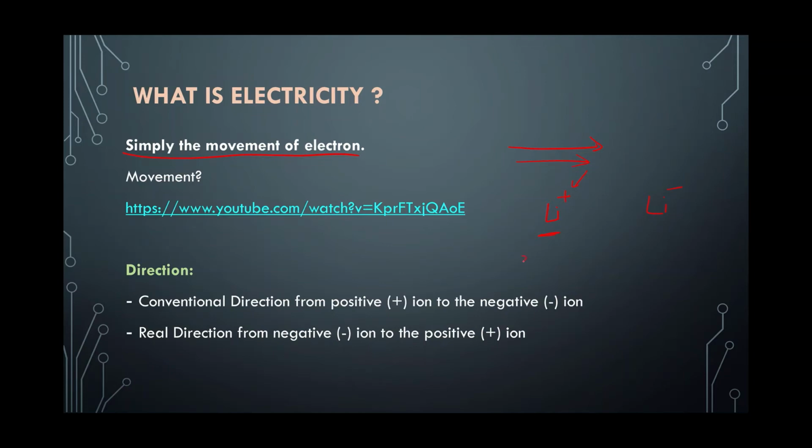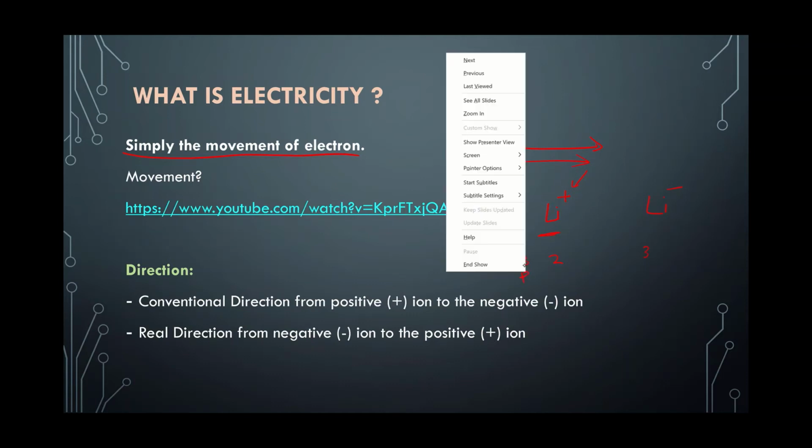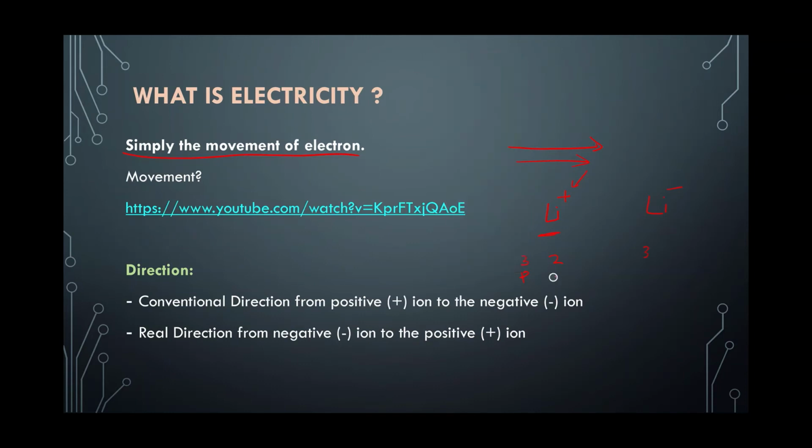Positive, that means the number of protons is 3 and the number of electrons is 2. Here, the number of protons is 3, and the number of electrons is 4. Now, to achieve the balance, the direction for the electron should be from here to here.